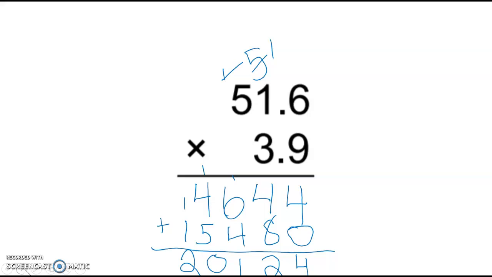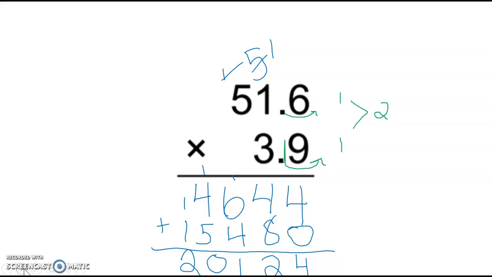So we're going to go back in and estimate. We're going to count our place values. I have 1 digit in the decimal place value in the first number, and 1 digit in the decimal place value in the second number, for a total of 2 decimal places.